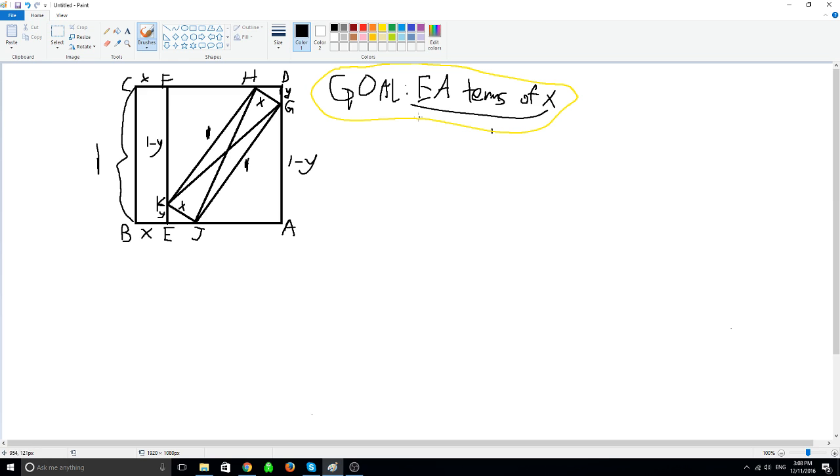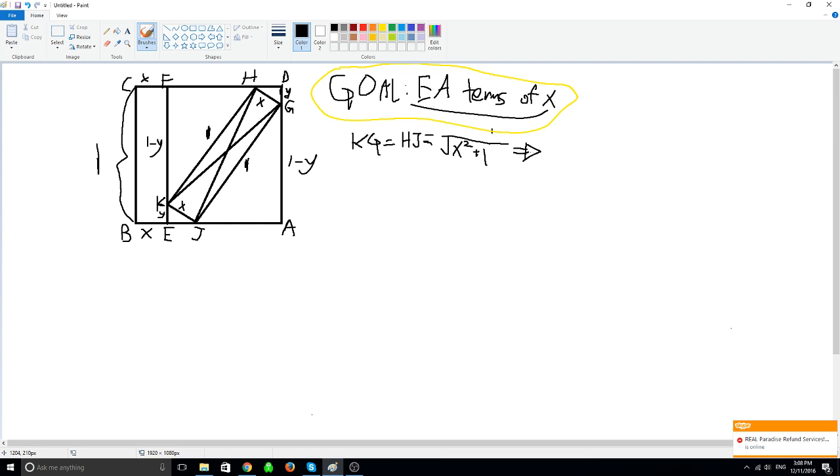So right over here, we know that KG is equal to HJ. And then by Pythagorean Theorem, we know that that's equal to the square root of x squared plus 1.